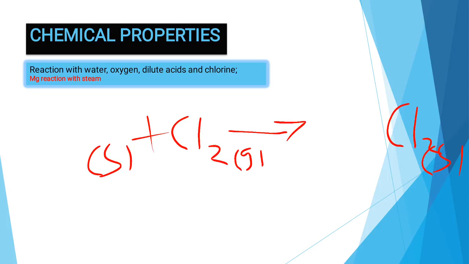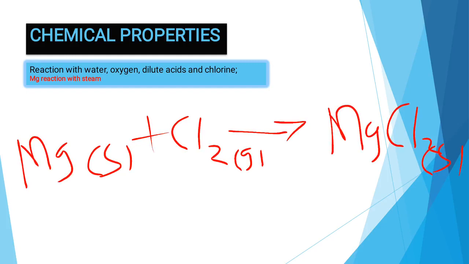So how do you write the equation for magnesium with chlorine? You just need to change where we had calcium, now we replace with magnesium. We have magnesium, and the equation is balanced. Pause the video and try to write the equation for the reaction between barium and chlorine. Are you there?